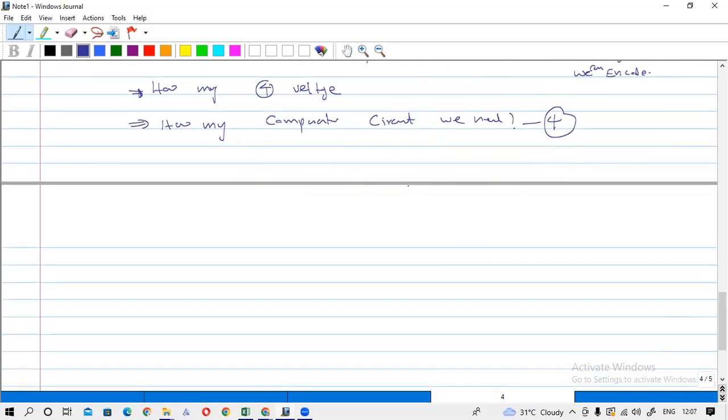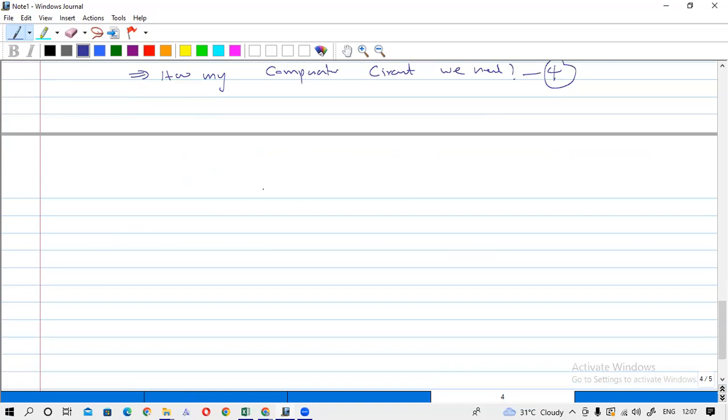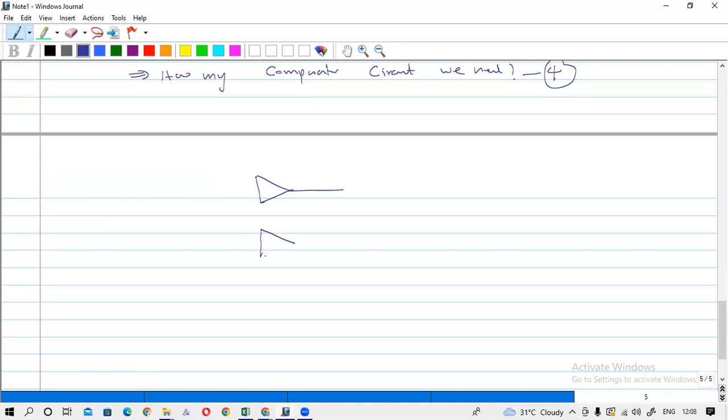So I can have 4 comparator circuits like this.